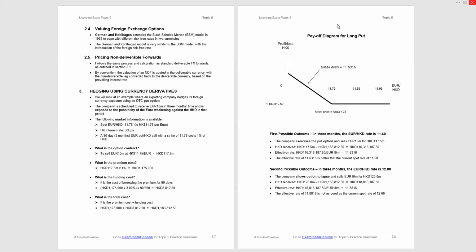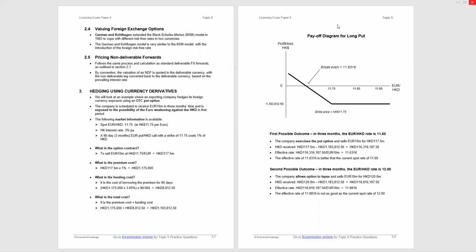We receive that amount in Hong Kong dollars, but remember, we had the total cost of the option of 1,183,812.50. And so the amount that we receive in Hong Kong dollars is the amount from selling the euros less the cost of the option, and that gives us 116,316,187.50.